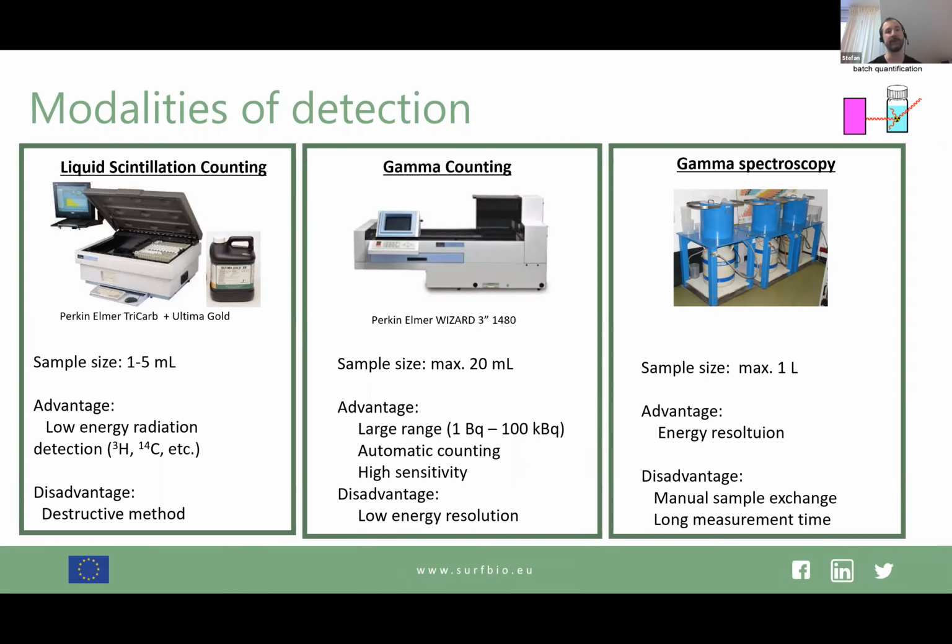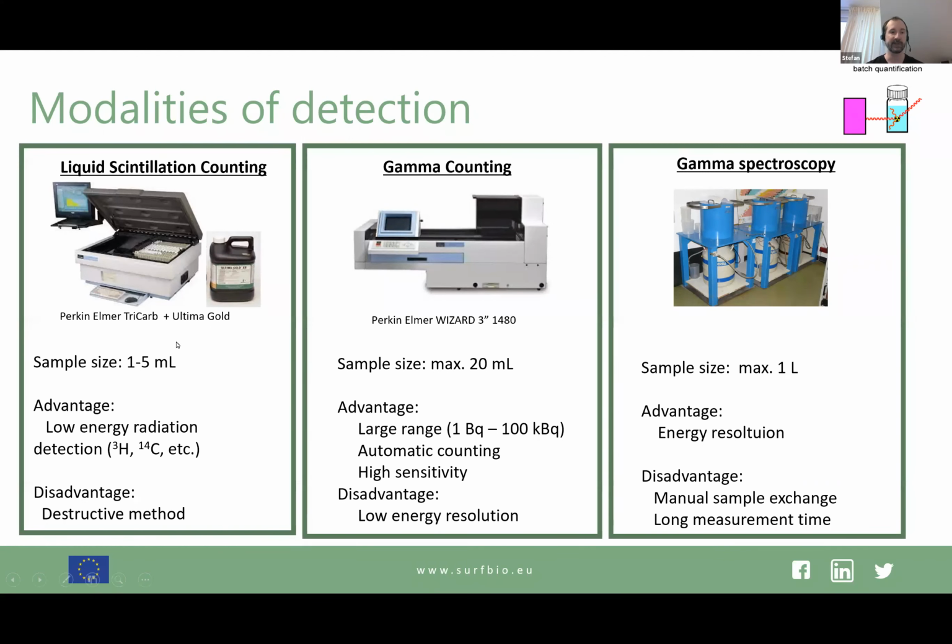You can mix that with your sample, shake it, and then you have basically brought the detector into your sample. The radiation in your sample will trigger UV emissions of these liquid scintillation molecules, which can then be detected.